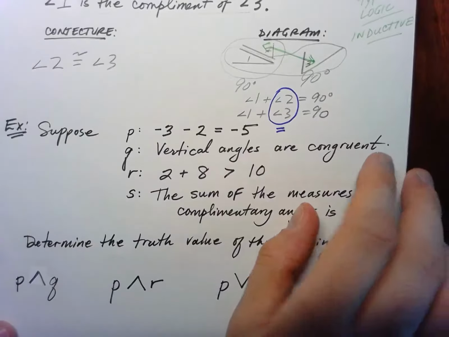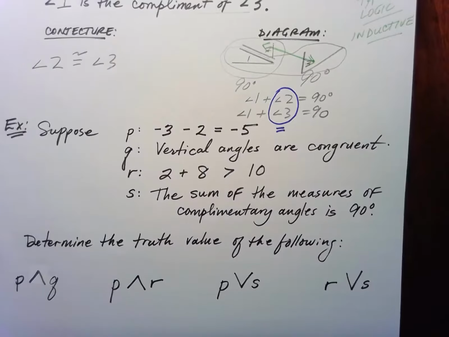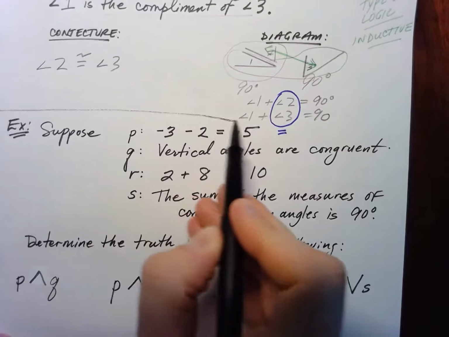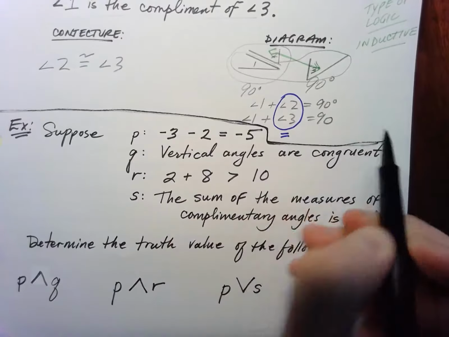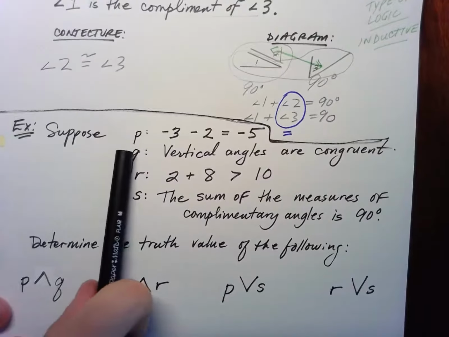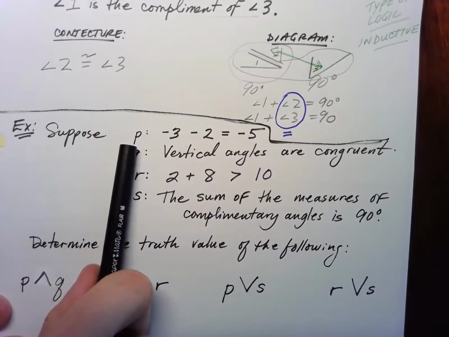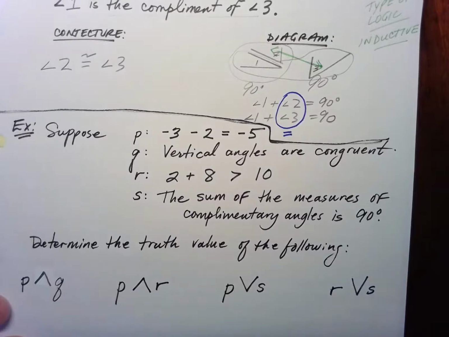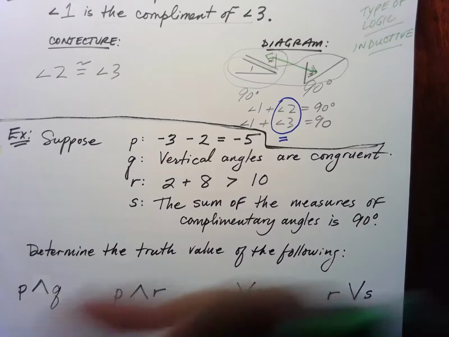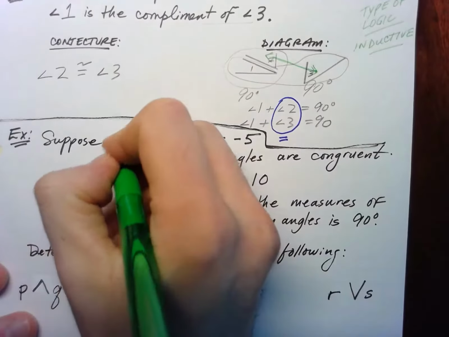Now, here's another example. Let me draw this line just so we're clear as to where this ends, because I've kind of messed it up there. We have four statements. Statement P is -3 minus 2 is -5. That is obviously true, right? That's obviously a true statement, so I'm going to mark that right here.